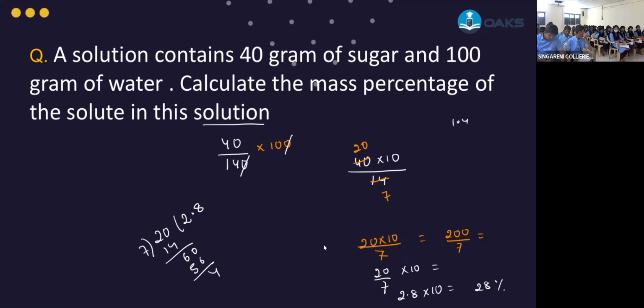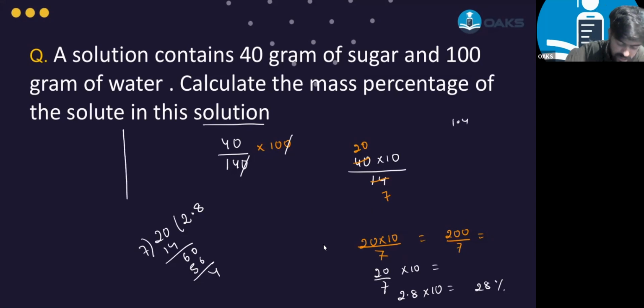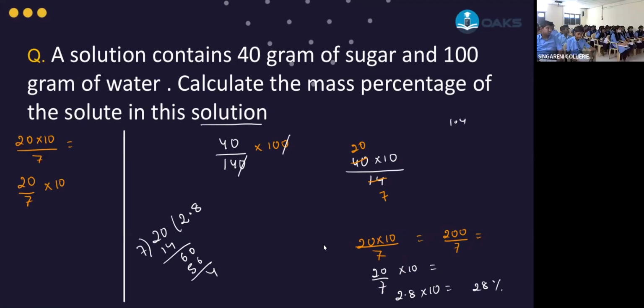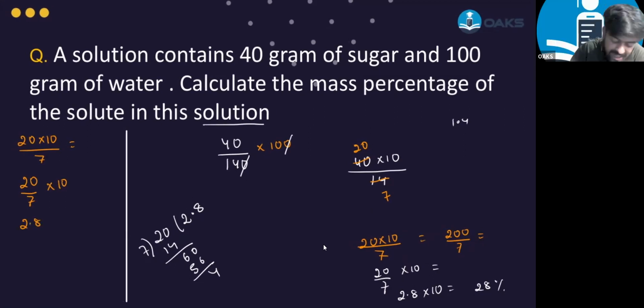Okay, I'll write it neatly for everyone. Firstly, we got to know that we have to solve 20 into 10 divided by 7, and then we are going to get our answer. So instead of 20 into 10, we just did 20 upon 7 into 10. This can also be done. We can write it like this as well. So it will be basically 2.8, and if we multiply it by 10, we are going to get 28%.